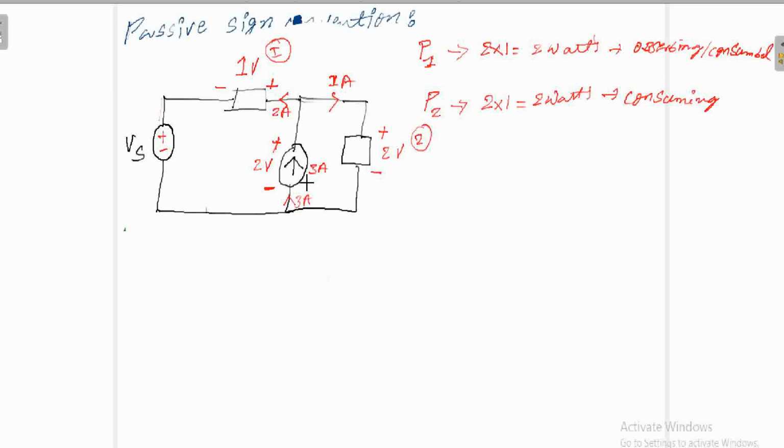No, this 3 amps is not obeying passive sign convention. Instead of 3 amps, if I consider minus 3 amps, the current direction will be like this.